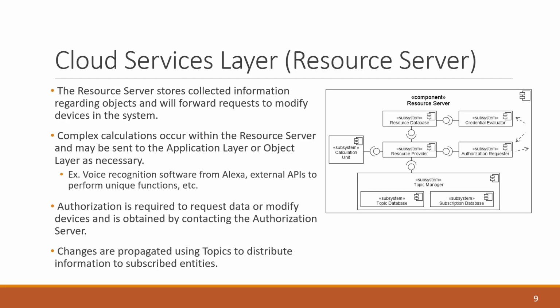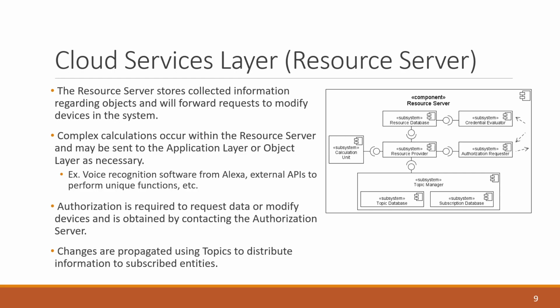Going into the cloud services layer, we have again the two halves. The first half is the resource server. This resource server stores collected information for the long term, and it'll forward requests to modify devices in the system to the virtual object server. Complex calculations also can occur here, depending on exactly what kind of device might be needing them.